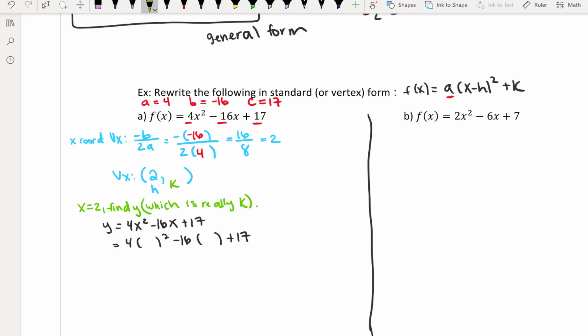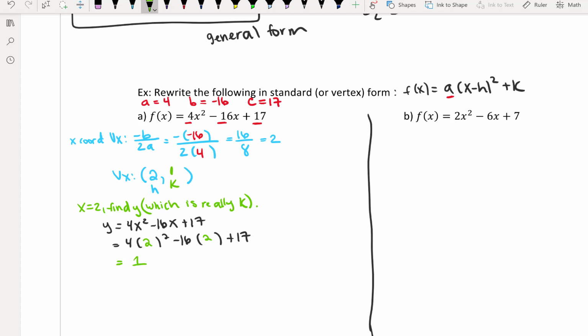So that x value I'm plugging in is 2. Now I'm going to plug this into my calculator. So let's think about this. 2 squared is 4. 4 times 4, and I have minus 32 plus 17. So when all of that comes out, I'm going to get a positive 1. So I have my k value as a positive 1.